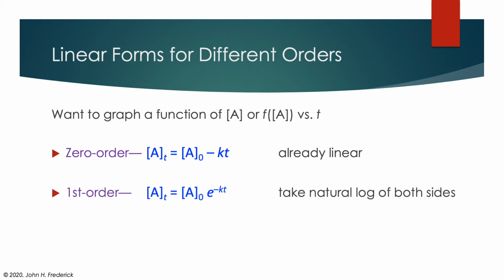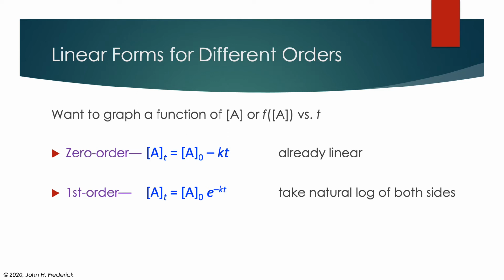What if it's a first order reaction? Well, in this case, we know it's not a line, the actual data. If we are supposing that it's a first order equation, then it should be following a rate law that looks something like this: A at time t is equal to A at 0 times e to the minus kt. Well, the way we can convert this into a linear type function is by taking the natural logarithm of both sides.